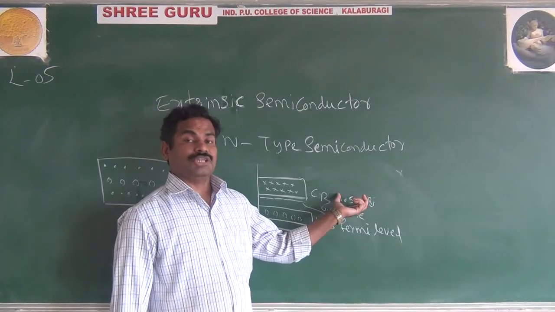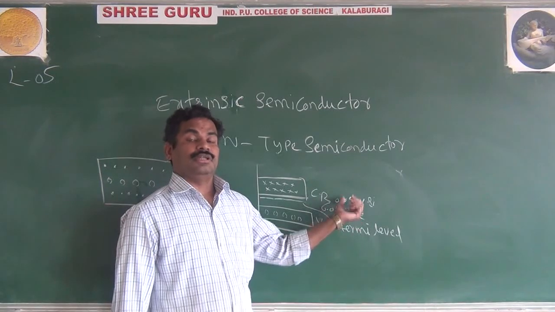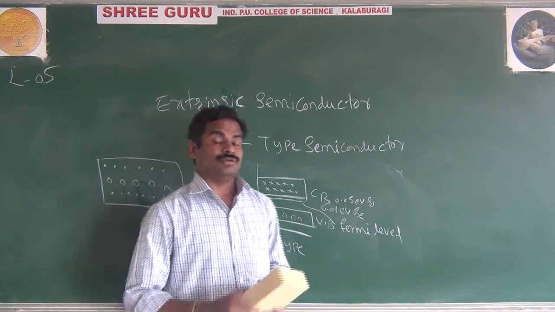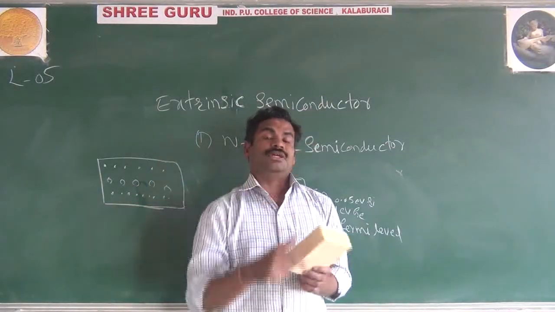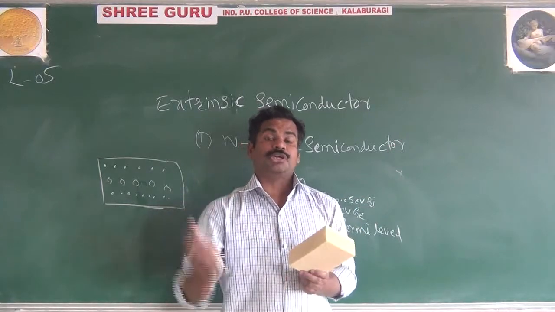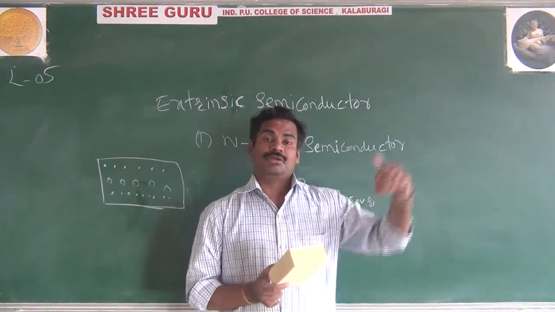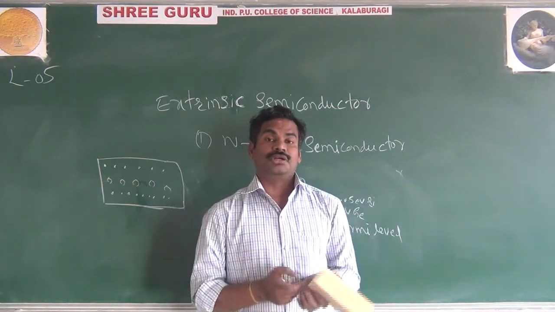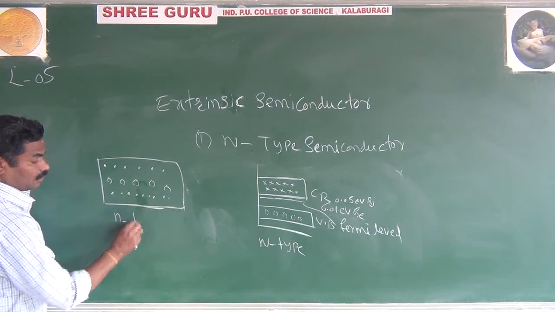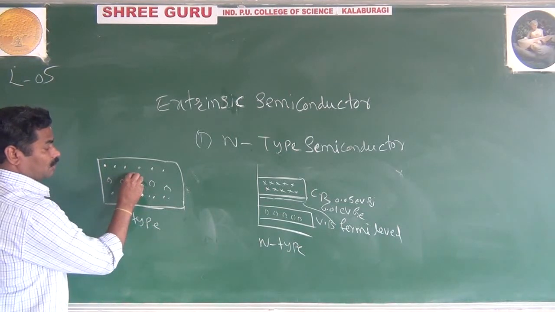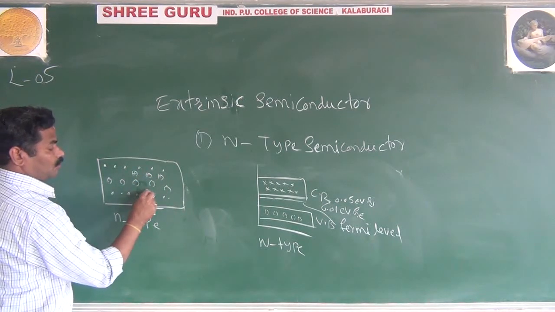Whenever it gives that extra electron, that atom becomes positively charged, because the electron has come outside. That phosphorus atom becomes a positive charge, and it is also called an immobile ion. It means in your semiconductor you have positive charge immobile ions.